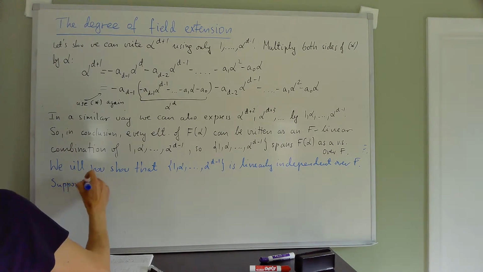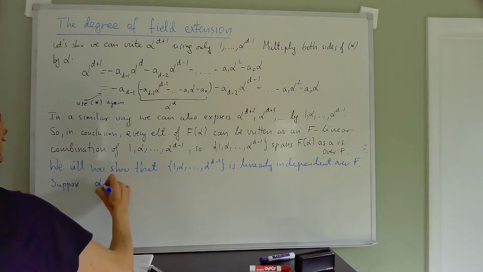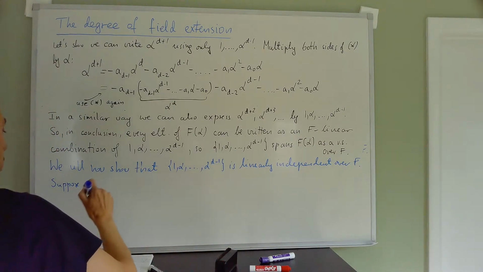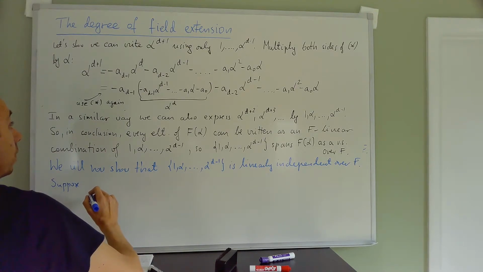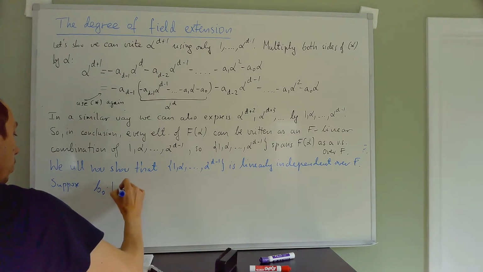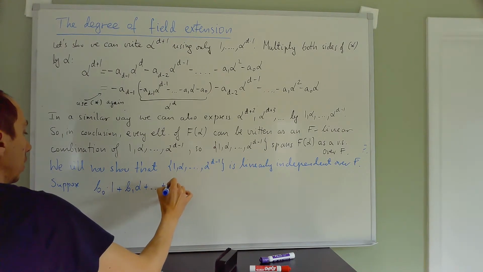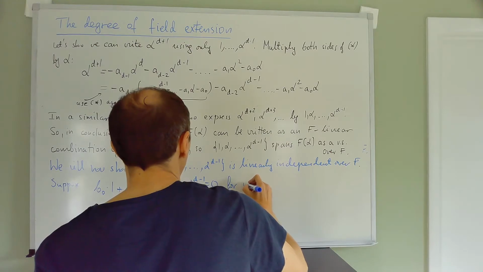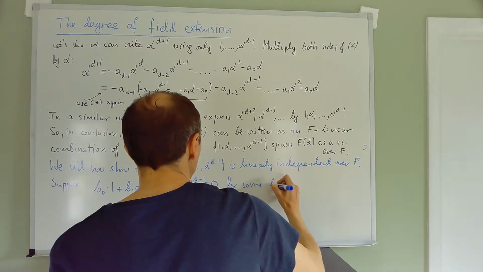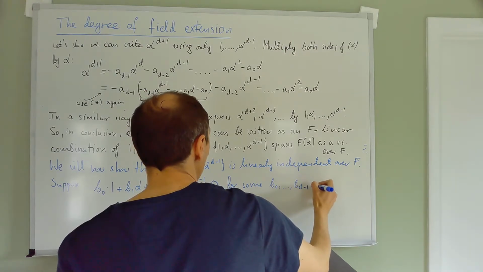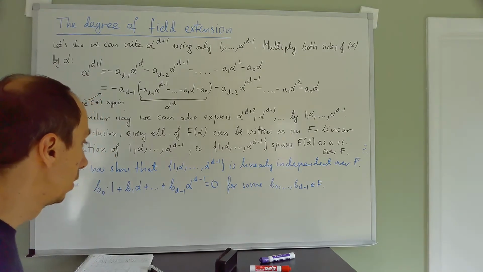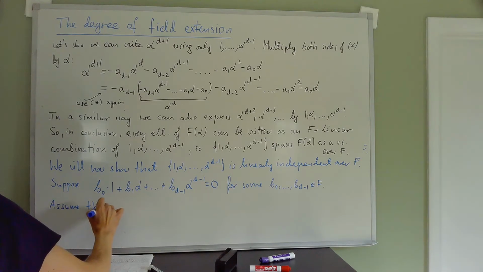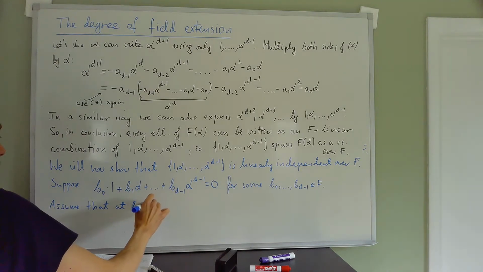Suppose b0 times 1 plus b1 alpha plus dot dot dot plus b d minus 1 alpha to the d minus 1 is equal to 0 for some b0 through b d minus 1 in F. Assume that at least one of the bi's is not 0.